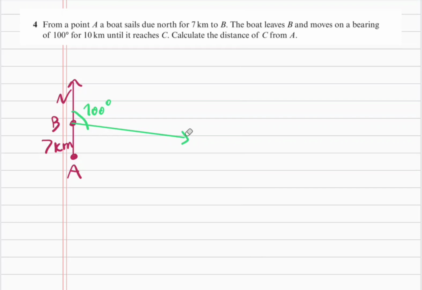Actually there shouldn't be arrows here, just a straight line like this. And this is AC, what we want to find at the end. So here is C, and we want to find this distance AC. Also we know that BC is 10 kilometers.